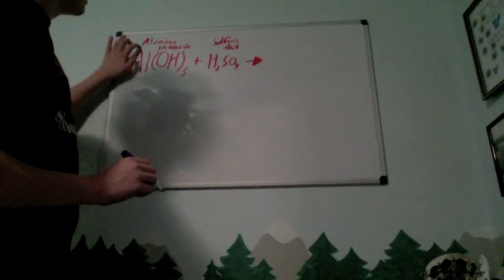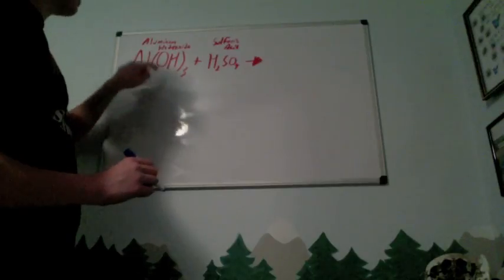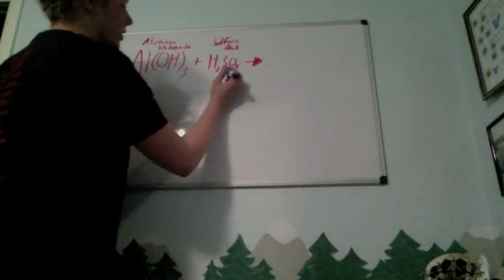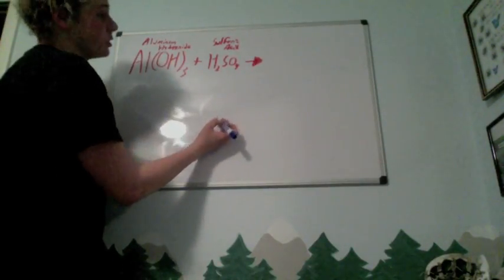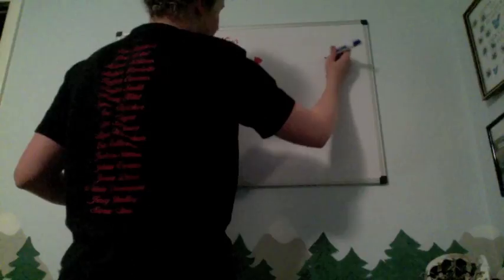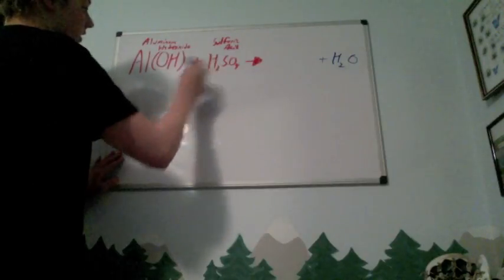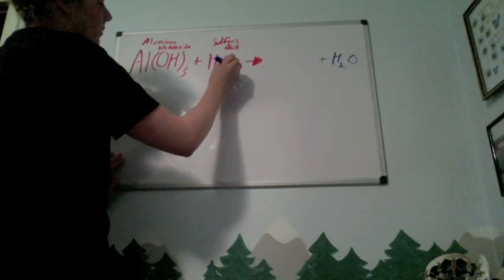Okay, so this is a simple neutralization reaction. What we have is aluminum hydroxide, so aluminum's plus 3, hydroxide's minus 1, so we have 3 hydroxides, so distribute the 3. Plus sulfuric acid, which is H2SO4, forms, and since it's a neutralization equation, we can know that one of the products will always be H2O, because the H's and the OH's are going to combine, which means that Al and SO4 are going to combine.